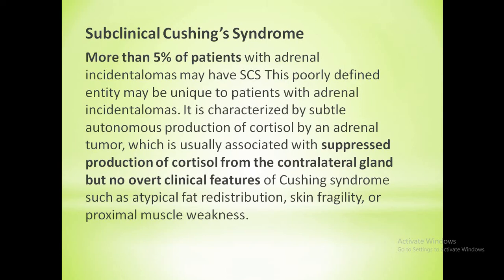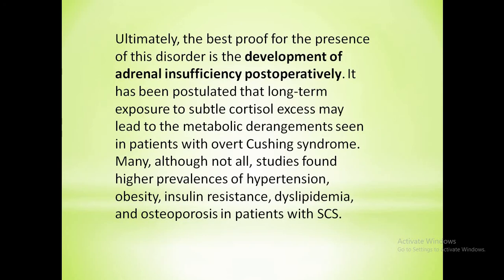So suppressed production of the cortisol from the opposite gland, with no clinical features of Cushing syndrome, fits the criteria for the subclinical Cushing syndrome. The best proof for this disorder is the development of adrenal insufficiency after the operation. But you don't want to do that, right?